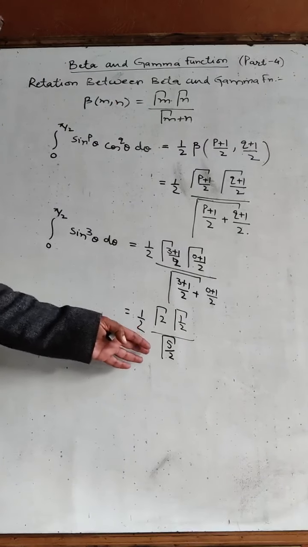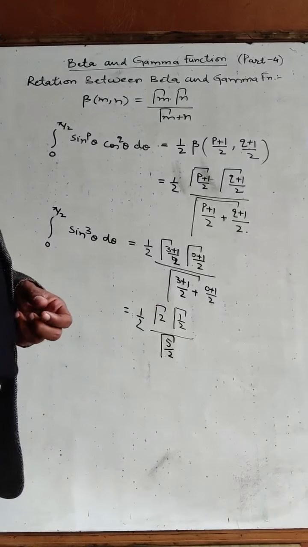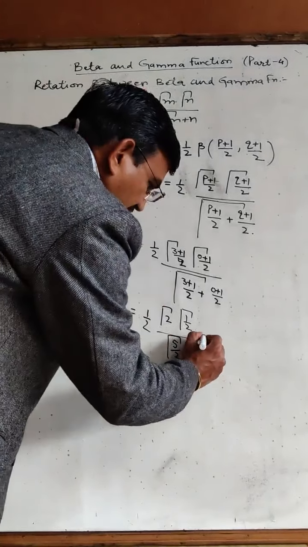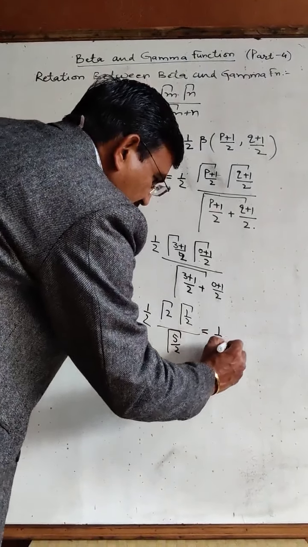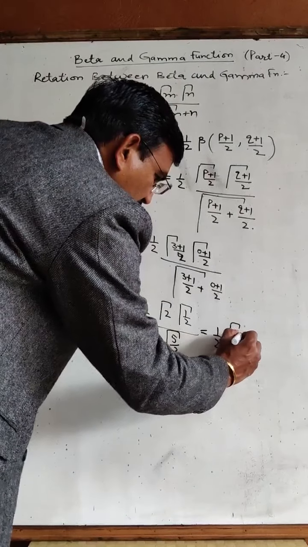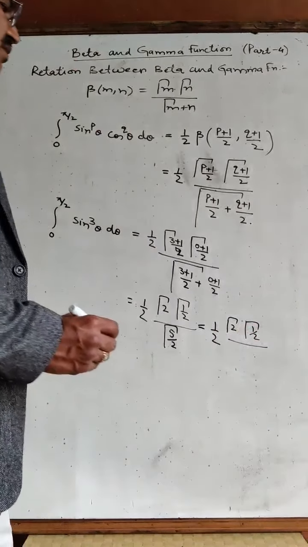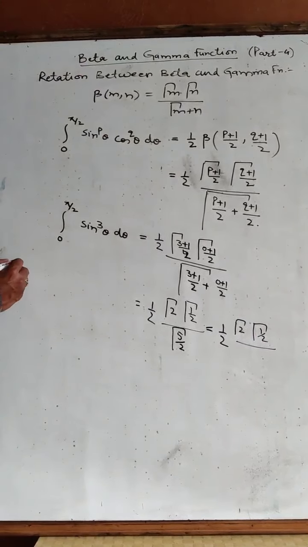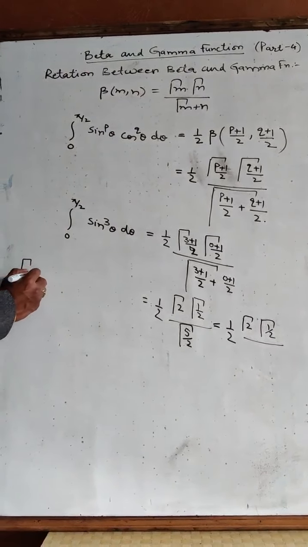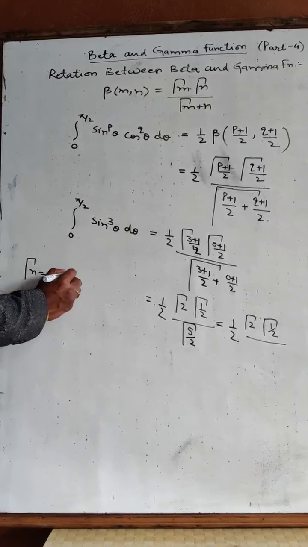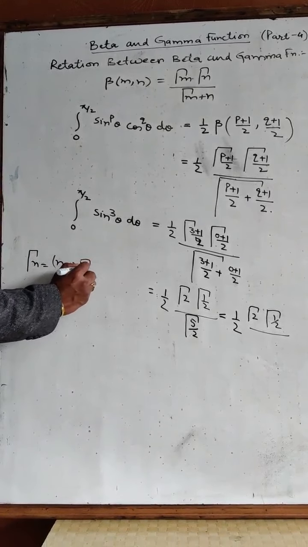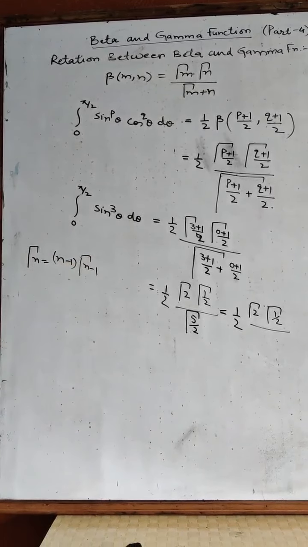And now using the recurrence relation, we can also solve it like this: 1 by 2 gamma of 2 gamma of 1 by 2. Here what was our recurrence relation? It was gamma of n is equal to (n minus 1) gamma of (n minus 1) and so on.